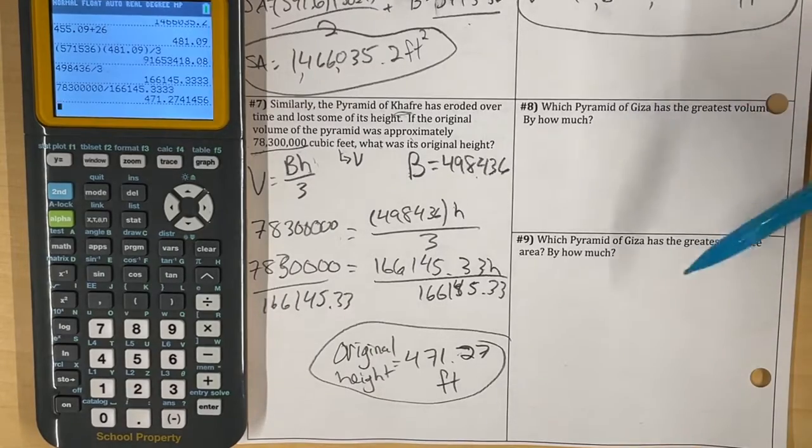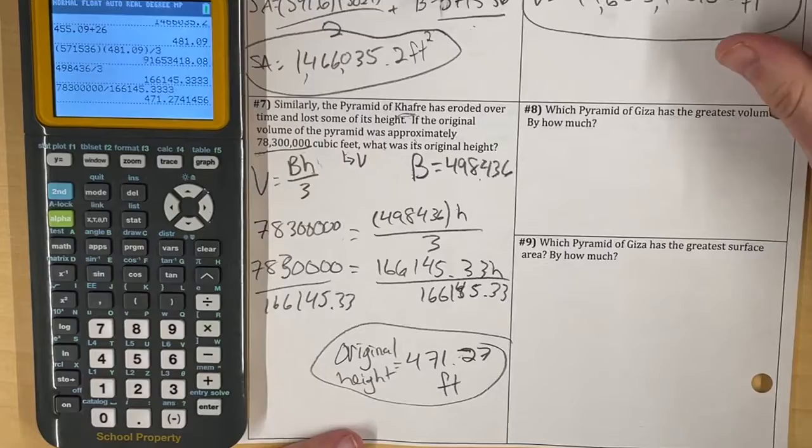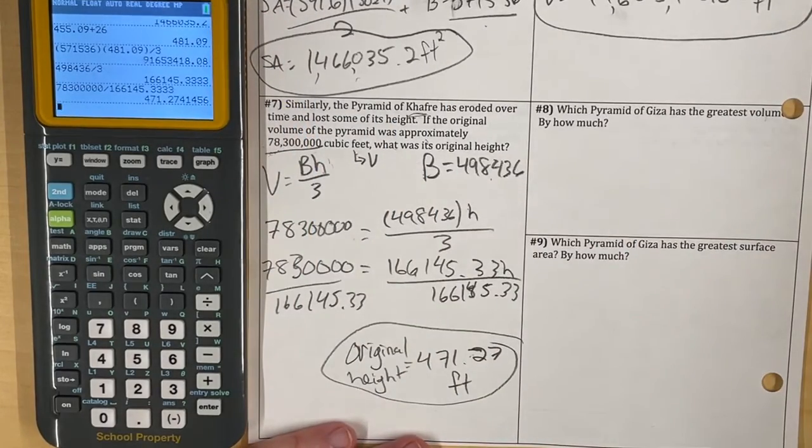All right, number 8 and number 9, we're trying to compare those pyramids to figure out which has the greatest volume and which has the greatest surface area. That's why I have that surface area for each of those values.